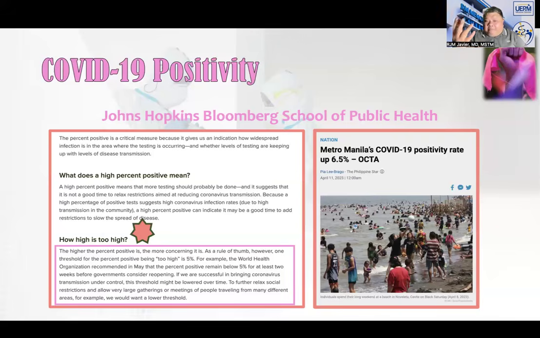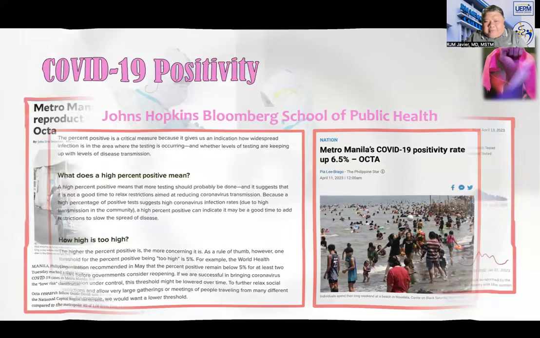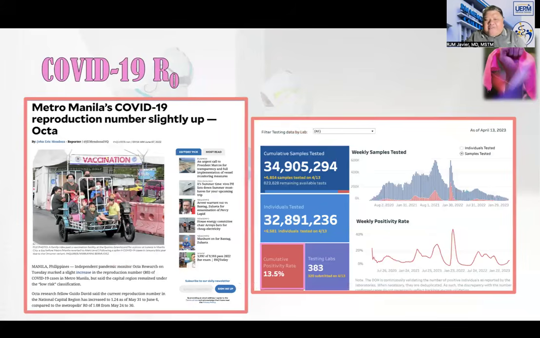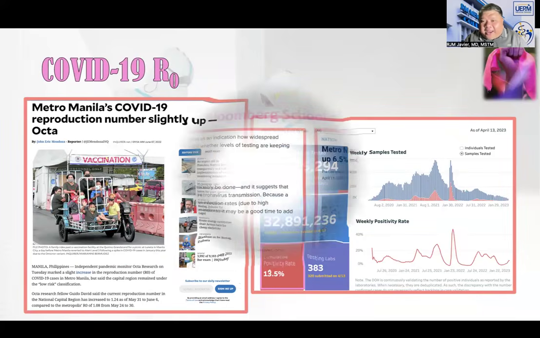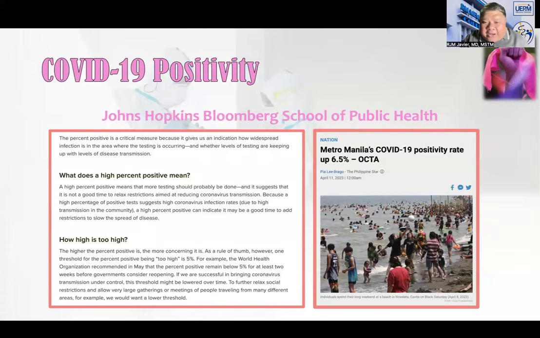People were already traveling to other parts of the globe as if the pandemic had already ended. People were going to the beach, but look at the recommendation, below 5% for at least 2 consecutive weeks. And when we reopened everything under the Duterte administration, our positivity rate was still 6.5%. Compare that from the previous 13.5% in April 13, 2023 to April 11.